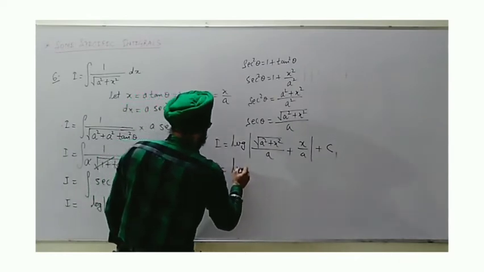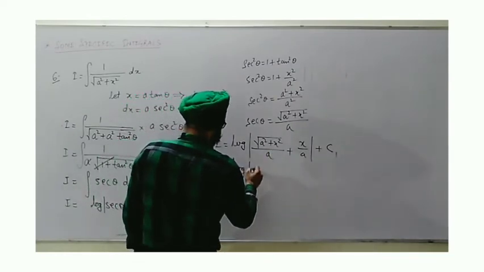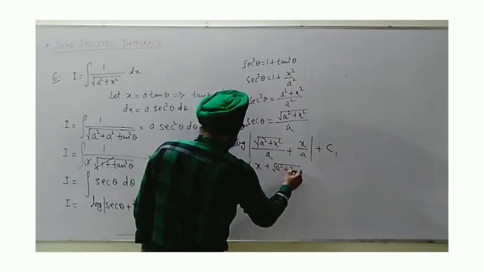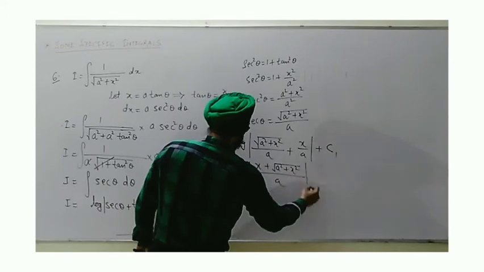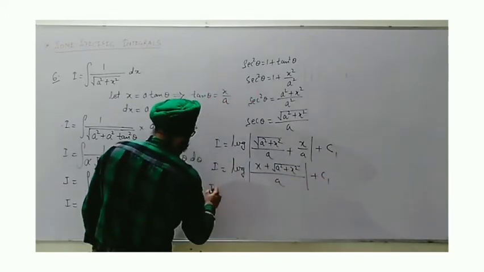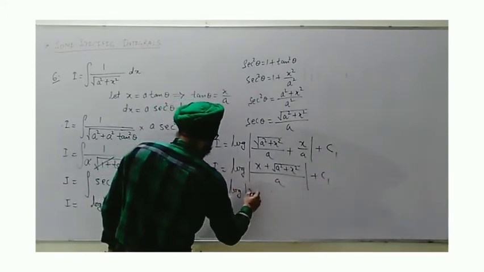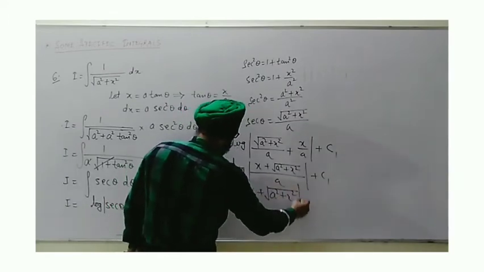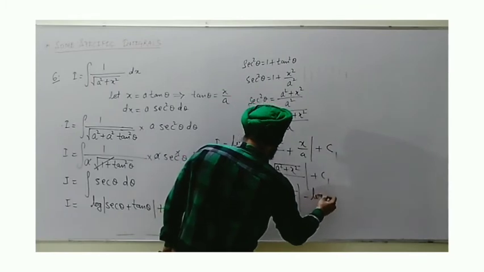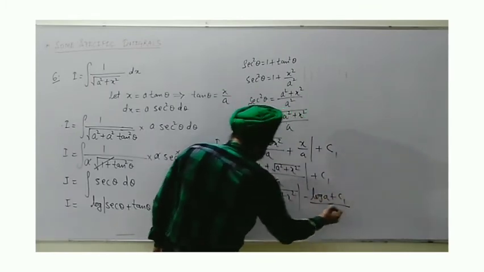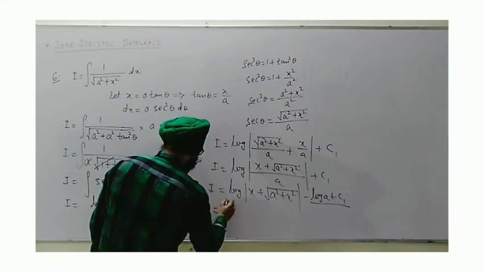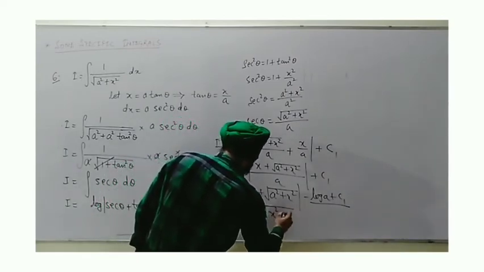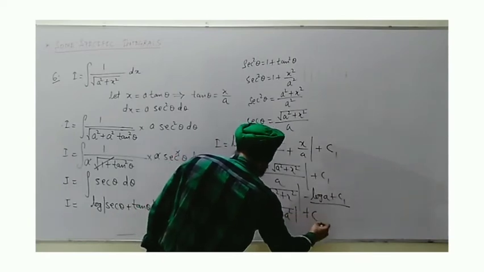I can be written as log of x plus root a square plus x square upon a, plus c1. Furthermore, this is log of x plus under root a square plus x square, minus log of a, plus c1. Combining these two constants, we have the final form of the identity as log of x plus under root x square plus a square plus c.